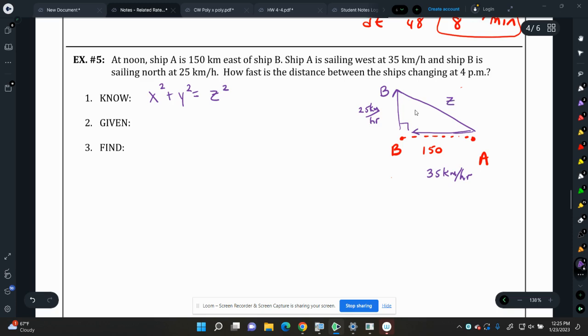So we have inches cubed per second plus inches cubed per second. So this is inches cubed per second.